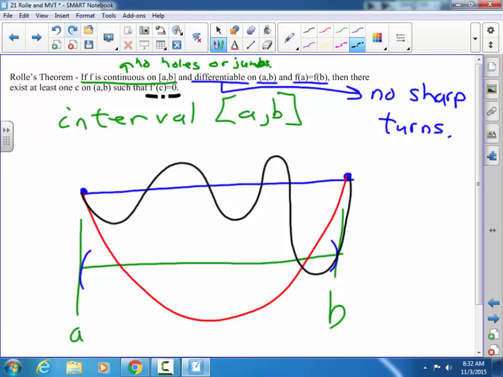Go for it. On the black line, where's the derivative equal to 0? The green line has nothing to do with it. Where the derivative of the black line equals 0.